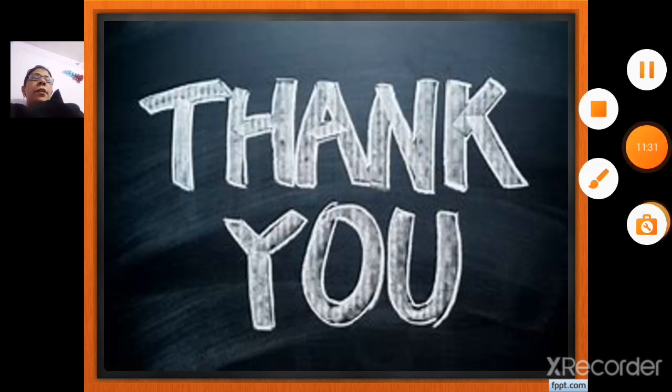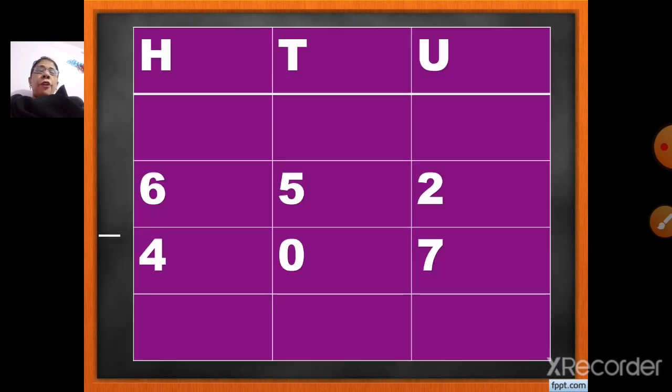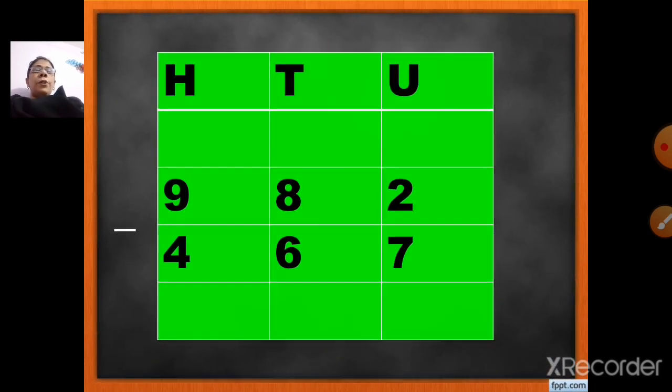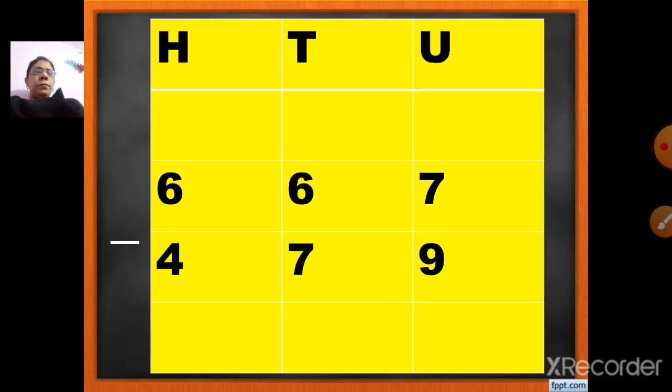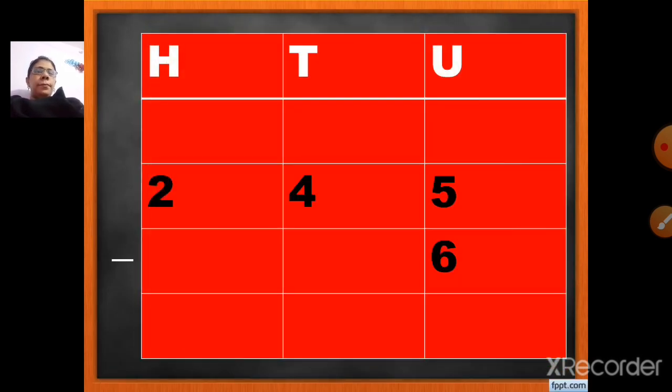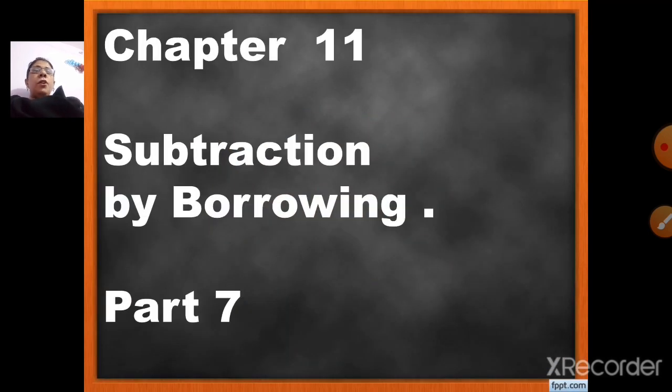So with this, children, we finish today's session of subtraction, that is, arrange vertically and subtract. Now children, in your rough book, not in your maths classwork, I'll show you what you are going to do. First you will write today's date on a fresh page.